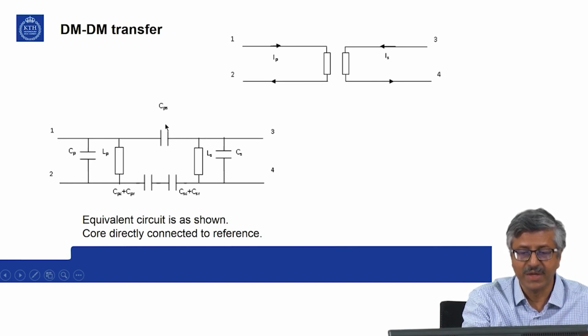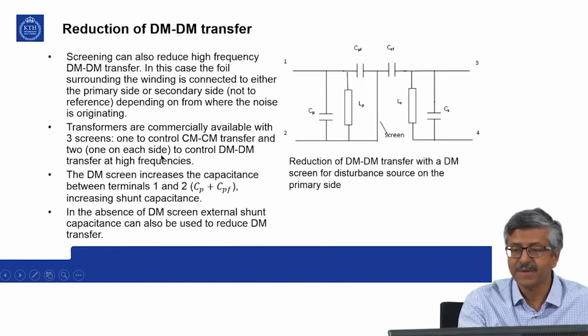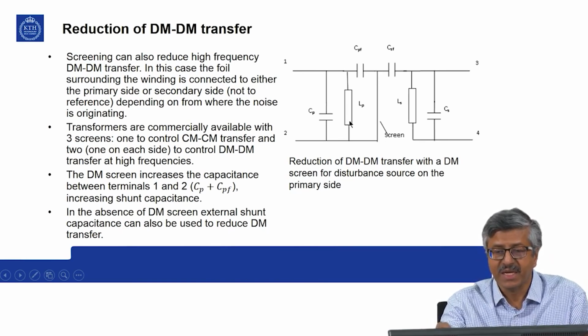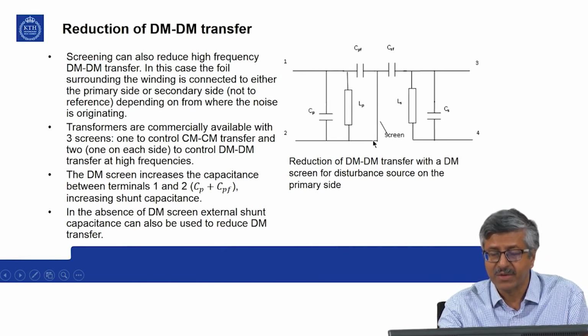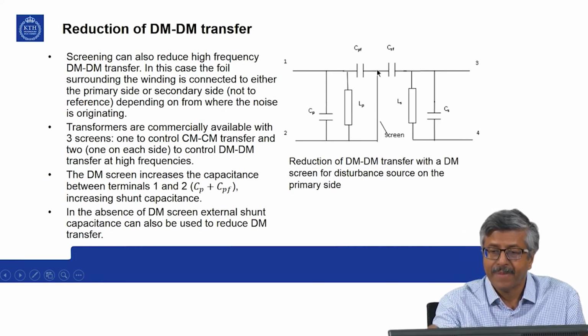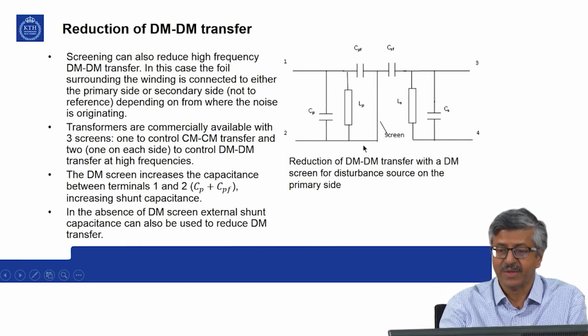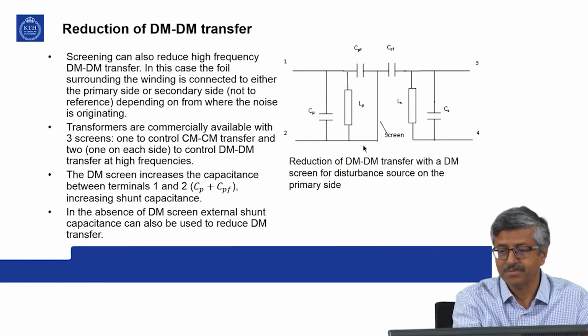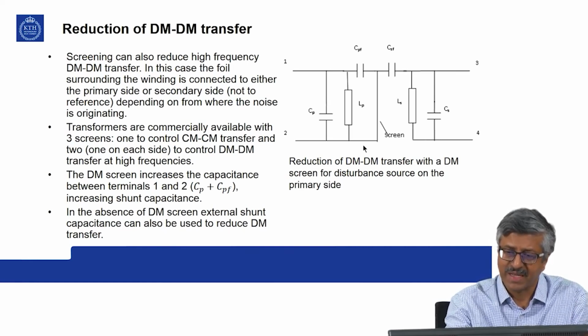If you can split it into two parts, say if you have a screen connecting the primary to the ground, then you split this capacitance into two parts and one part is connected directly to the ground and this also is connected to the ground. So, you are eliminating the transfer from the source side. Still from the secondary side there can be some transfer.